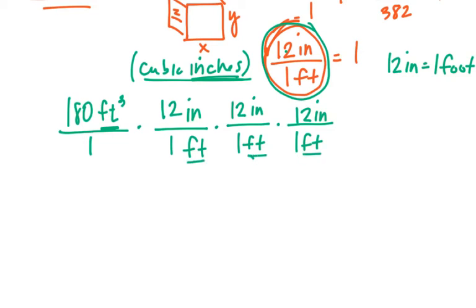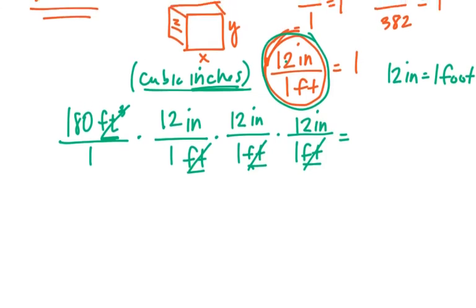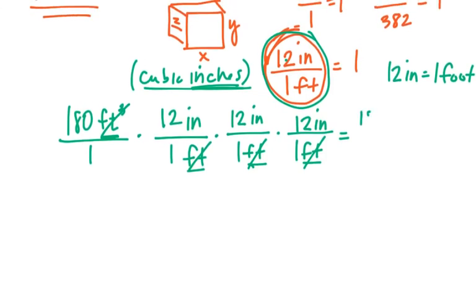So when I multiply this, all 3 of these feet cancel all 3 of these feet. And in the end, I am left with 180 times 12 times 12 times another 12. But my units now are inches, and since I have 3 of them, I could just write inches cubed.